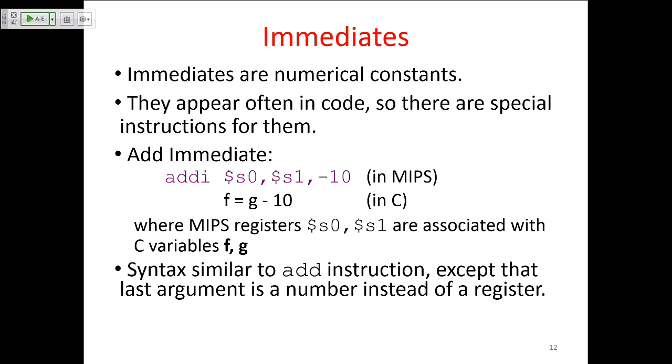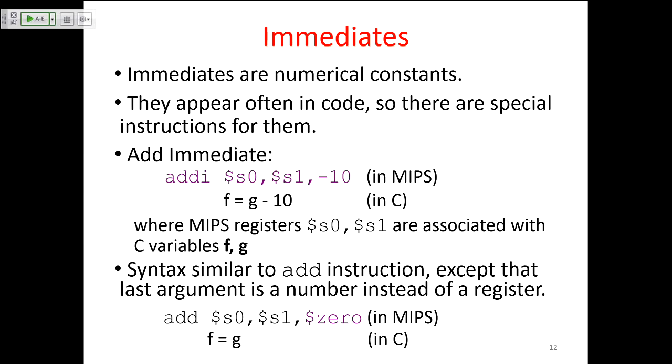Now, there is one special constant that is used like a ton, above all the numbers. Does anybody guess what that is? Zero. Yeah, great. So it's so special that you actually want to dedicate a whole register to it. So you're not even going to have add immediate and then the number.